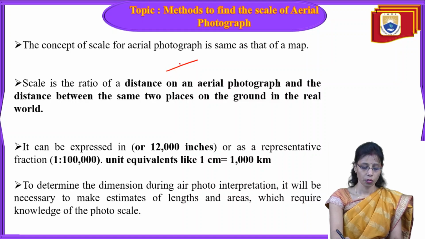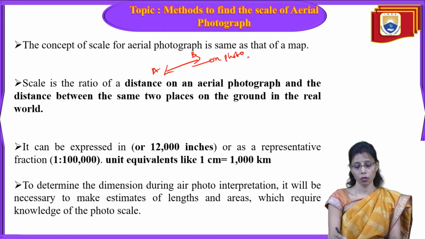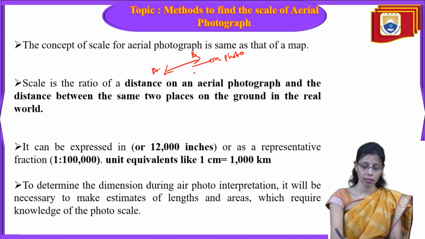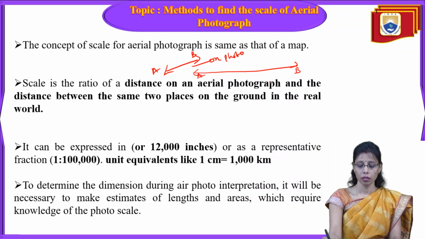What is a scale? Suppose this is the distance A and B on the photo. Now, the same distance A and B should be measured on the ground. So this is the ground distance and this is the photo distance.